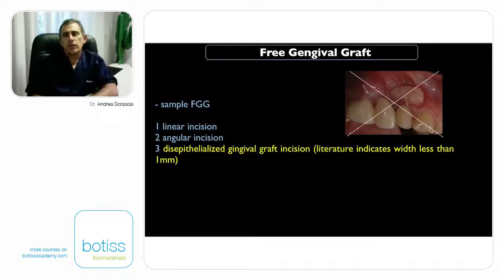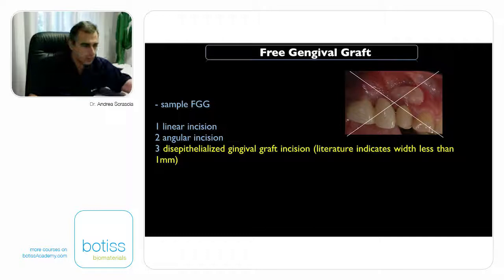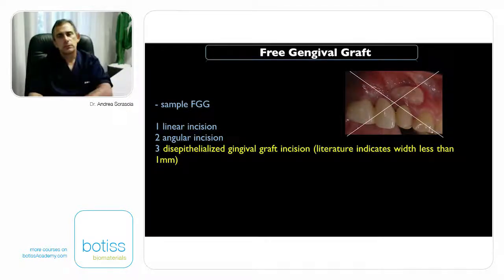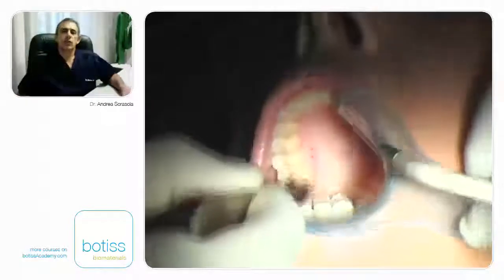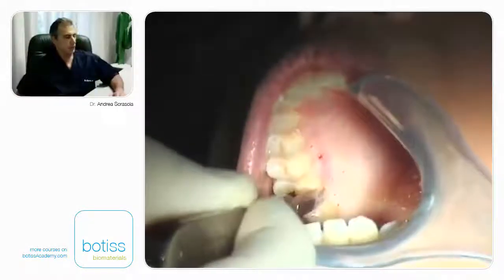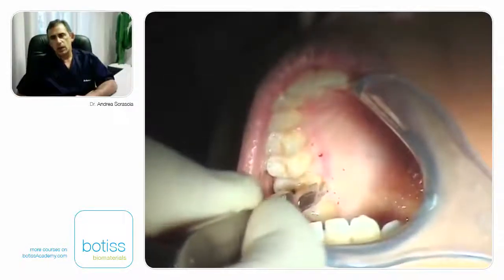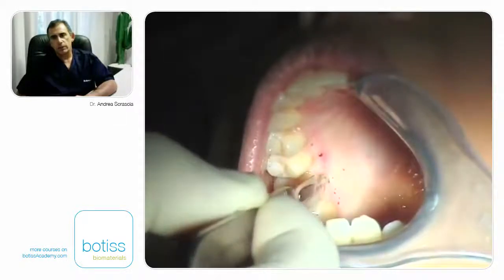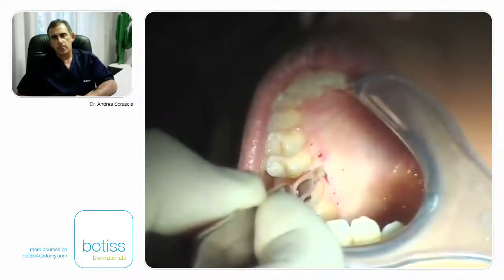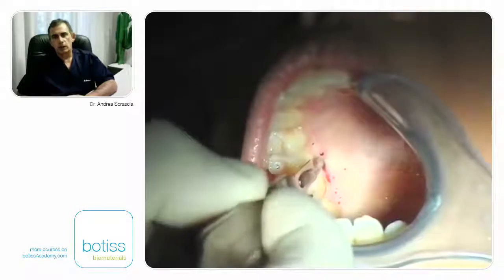The incision technique for free gingival graft, I'm showing you a short video. The first linear incision after measuring with a periodontal probe the amount of tissue needed.